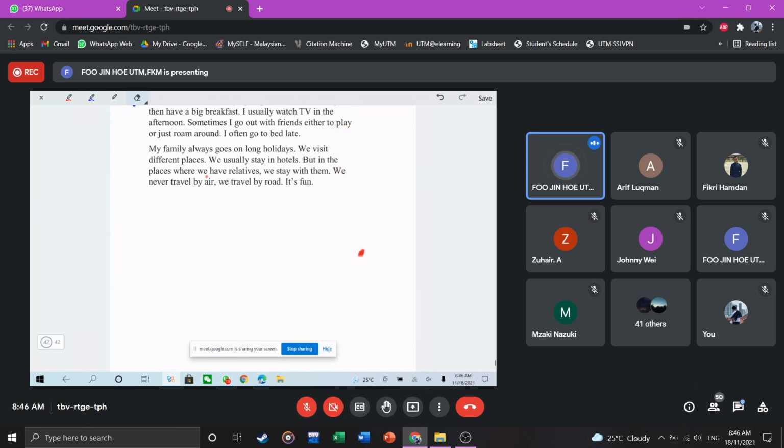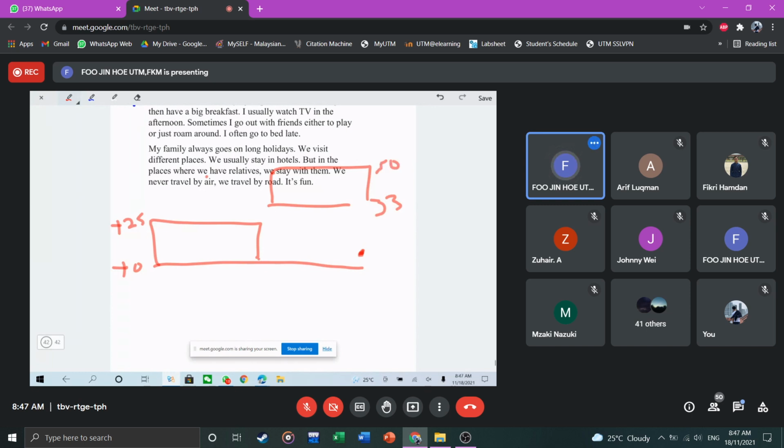Okay, similarly, if you see some other cases, for example, if I have this, let's say this is 25 and 0 plus, and if I have something that is, let's say, 33, 50, if you see it here, it's always bigger.